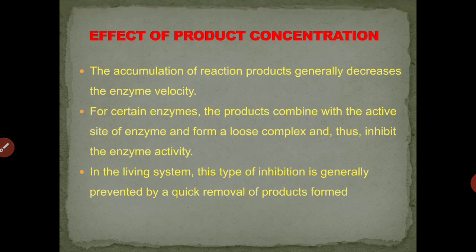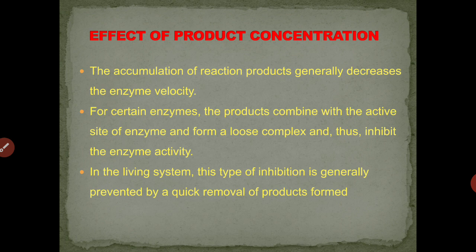Coming to the effect of product concentration. When the substrates are converted to products, the accumulation of the reaction products will decrease the enzyme velocity. As we know, there is a feedback inhibition mechanism which will affect the enzyme catalyzed reaction.